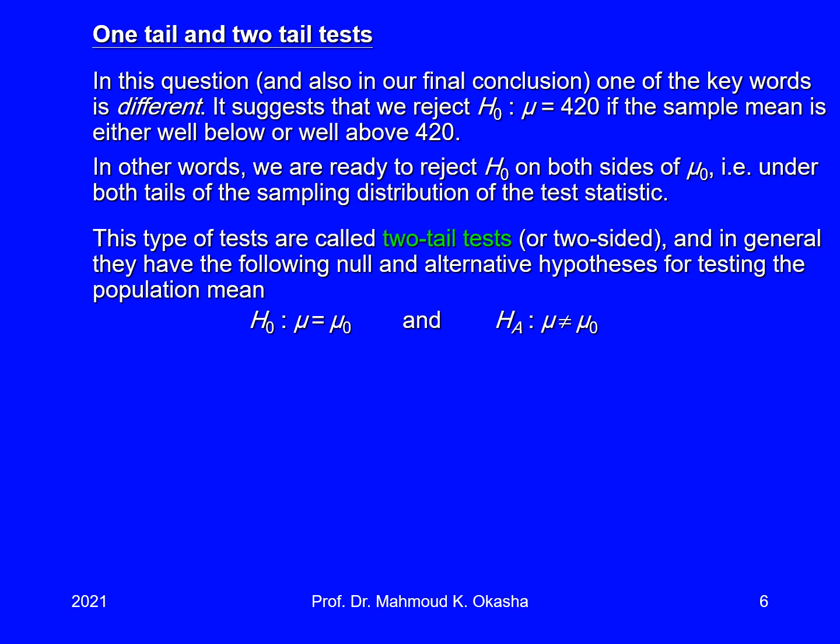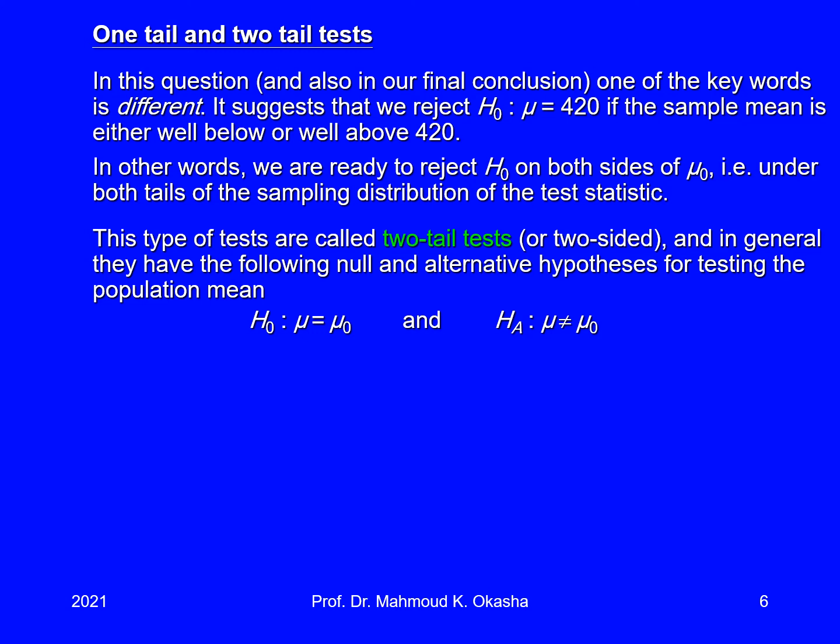If the alternative hypothesis is mu not equal to mu naught, that means we reject the null hypothesis if mu is less than mu naught or if mu is greater than mu naught, in both cases.